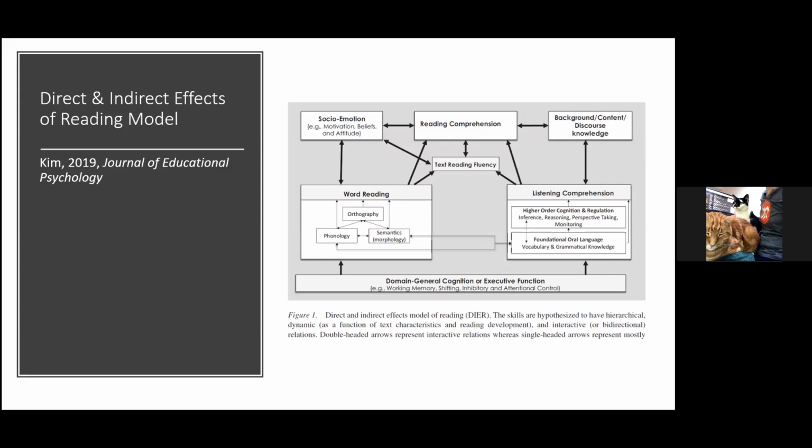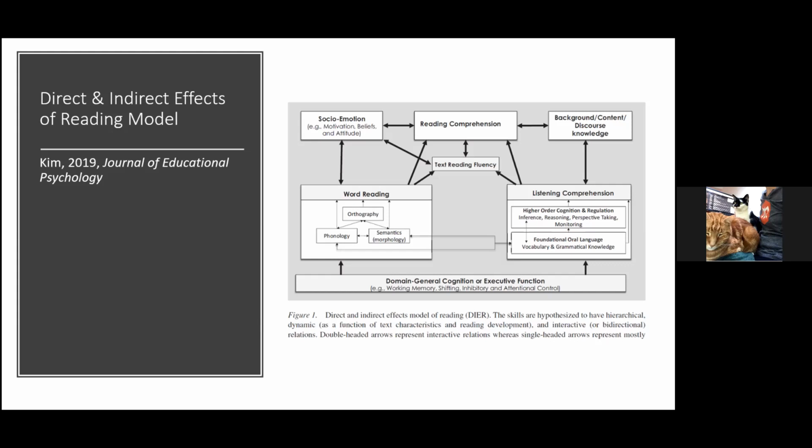With a lot of our reading models, like the simple view of reading, it's the two components of reading interacting in a multiplicative way, having a direct impact on outcomes, reading comprehension. And so she thought, could there be a hierarchical relationship between some of the variables in reading?